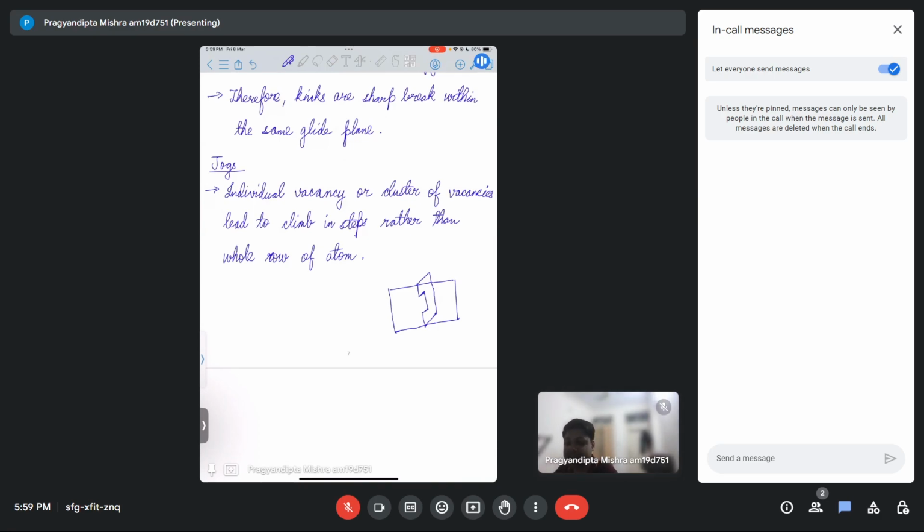So this is how the jog will look like. So if I have my Burgers vector in this direction, okay, and this is my original glide plane. Okay. So because of the presence of some constraint, now a jog has been created.